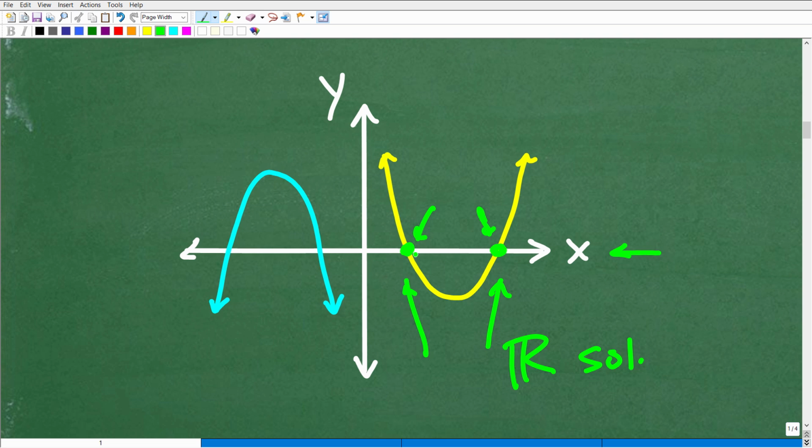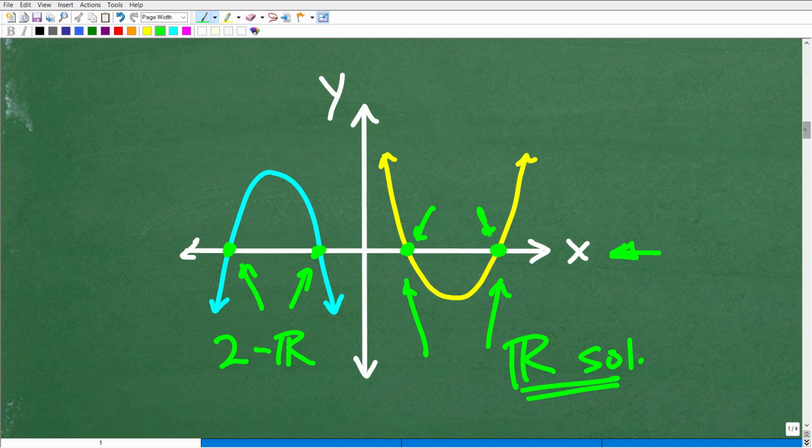Remember, quadratic equations have two solutions, as I indicated in my little summary chart, and these are the actual locations of them. It's always the x-intercept for real number solutions. And I'm going to talk about another situation here in a second. So if I have a sad parabola right here, in this particular case, would be our two real number solutions.